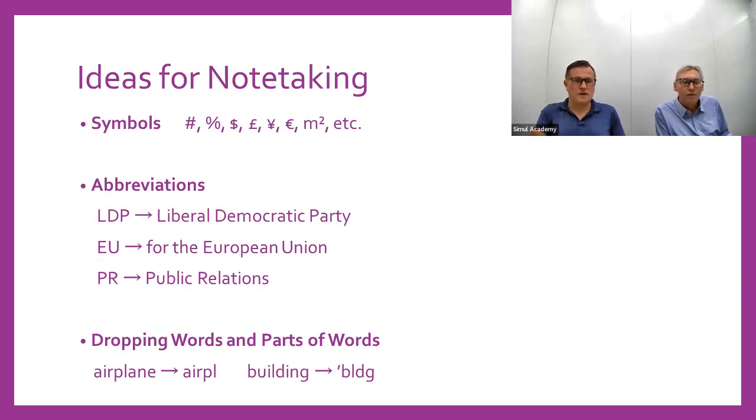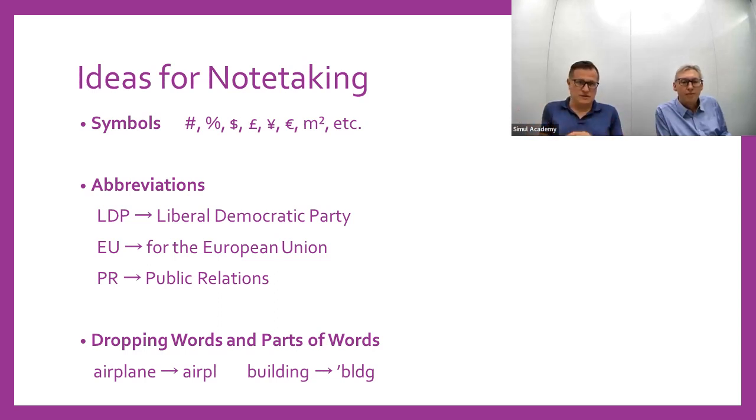So first of all, symbols, as you can see, are often used for very common words, common nouns: currency, percentages, meters squared. We often just write a particular symbol to represent that word. And of course, the other important point, very useful actually, is that for certain words, certain names of organizations or names of people, we really don't need to write out the full word or the full name.